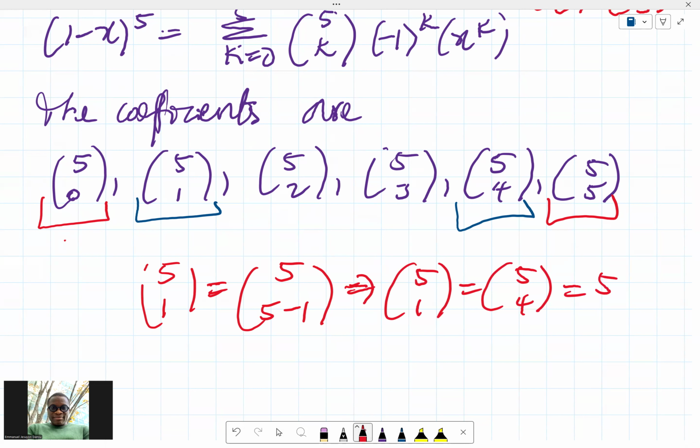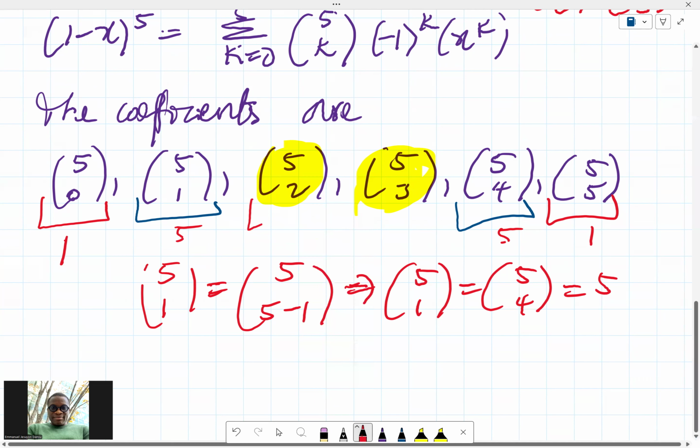Just like this is 1, they're both 5. Then automatically these two are basically the same, because those are the ones that will give you 10. So each of those will be 10.